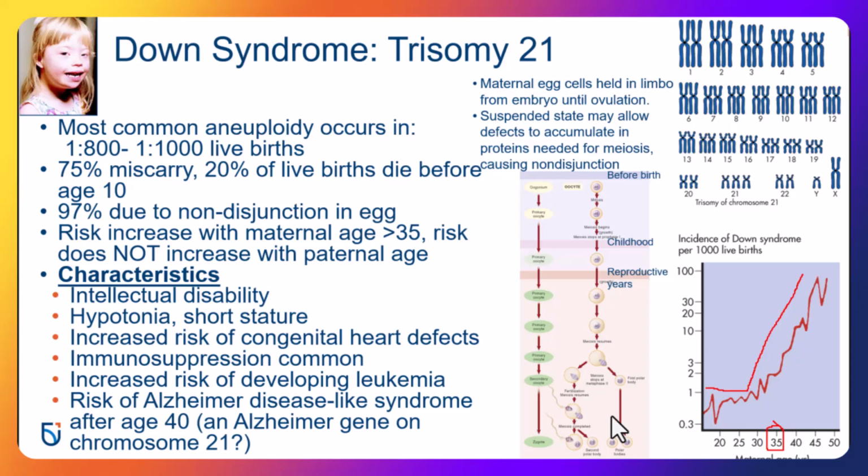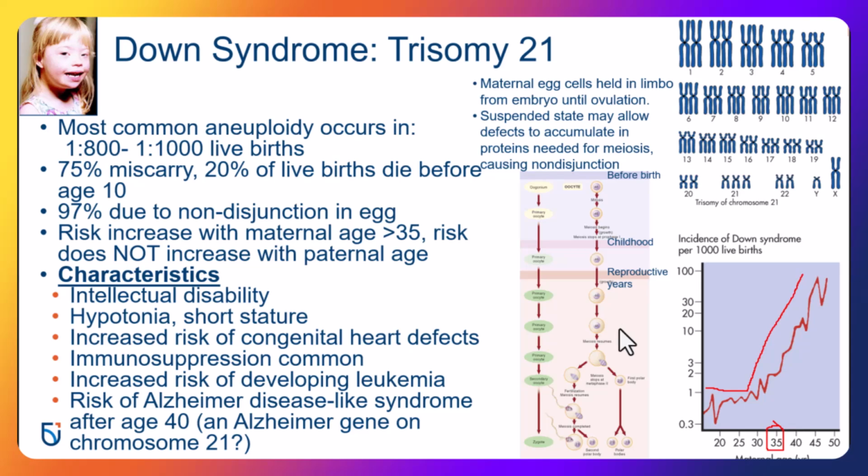female eggs actually begin the meiosis before birth. So a female baby in utero has already started the process of meiosis. Okay, so it starts before birth. And then they pause in this suspended state, sort of held in limbo until ovulation later on in life. You can see it if you look close. You don't have to know all the details of this diagram, but just knowing that it starts before birth and then it pauses until the reproductive years.